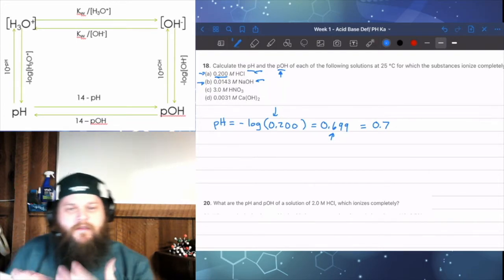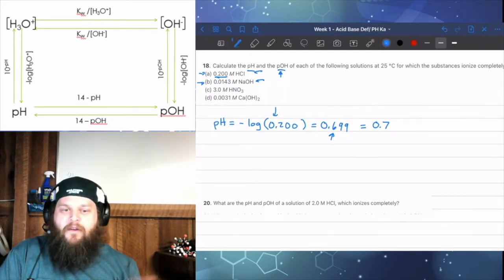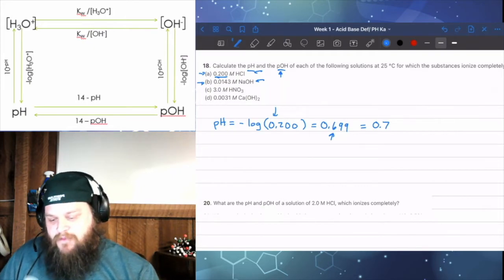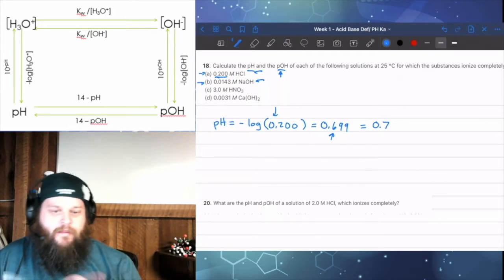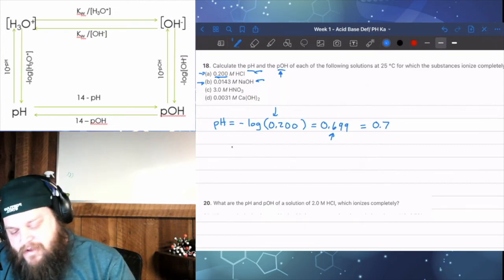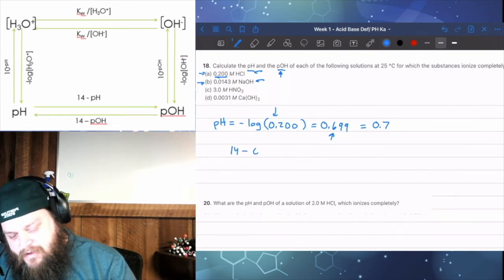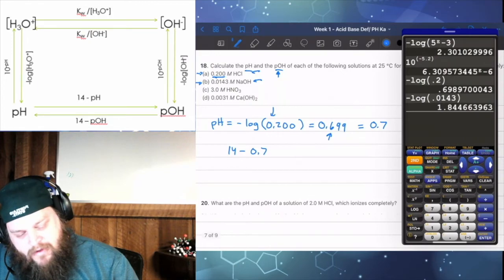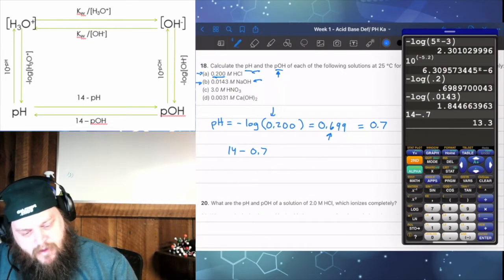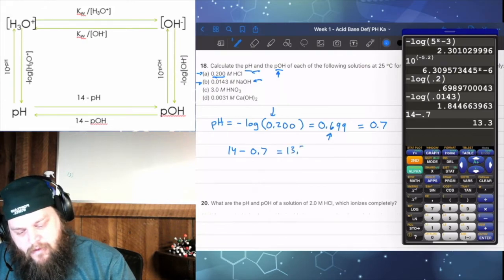We can use that concentration and try to convert it to the concentration of the other, but that's a lot more difficult. It's much easier to just say 14 minus, say, 0.7, which is 13.3. So that's going to equal your pOH of part A.